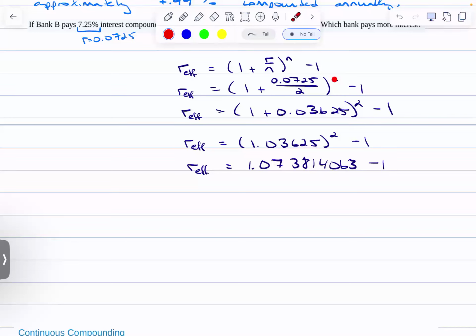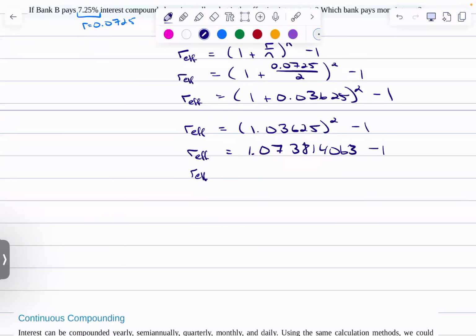No, because we've got this power of 2 that's locking in the 1 plus. So we can't do that. You can try it, you'll find that you get weird answers. Because it's inside the brackets, you cannot with the power. But good, because I can see how that would be very tempting.